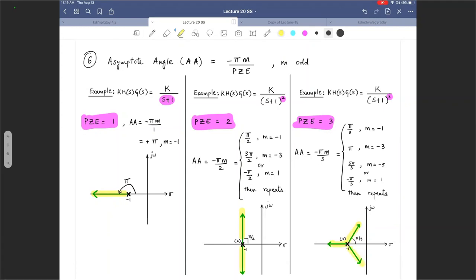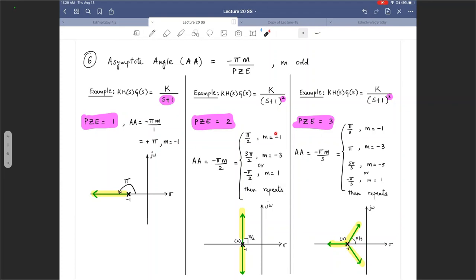Now I need to find out the angle of the asymptotes with respect to the real axis. For that, I'm going to evaluate AA, -pi times m divided by PZE, which is 1 in this case. So my asymptote angle is plus pi, which is why this asymptote is at plus pi angle. Next, for the next one, I have pi over 2 and -pi over 2.